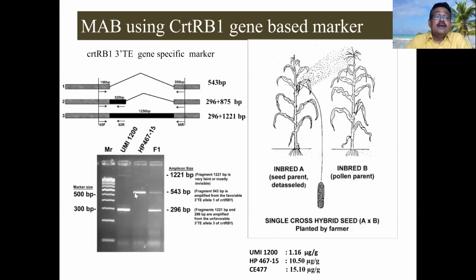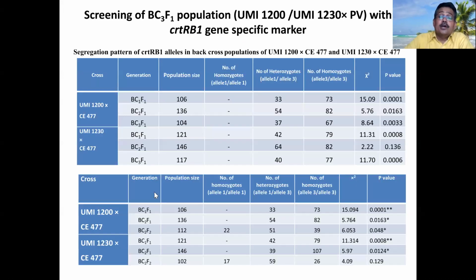If these two alleles are there, then only those F1s are selected and backcrossed. In every backcross generation, for both the female parent and male parent, you check for segregation. So we have done the chi-square test. You have almost 1:1 segregation, though some have a little bit of deviation. So always we select the heterozygote.